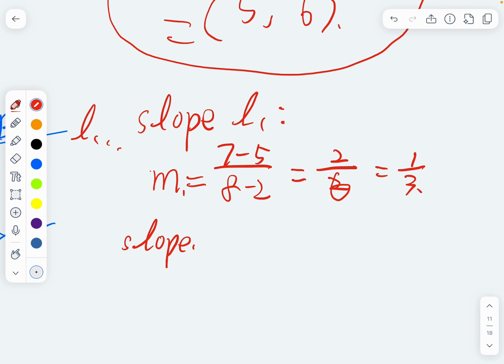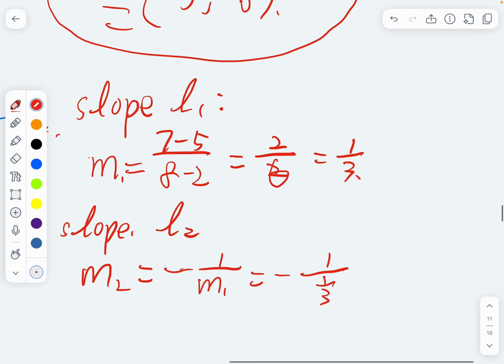Now we can calculate the slope of line 2: m2 equals negative 1 over m1, which equals negative 1 over 1 over 3, so it's negative 3.